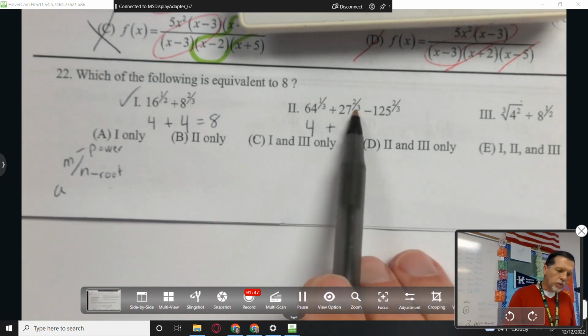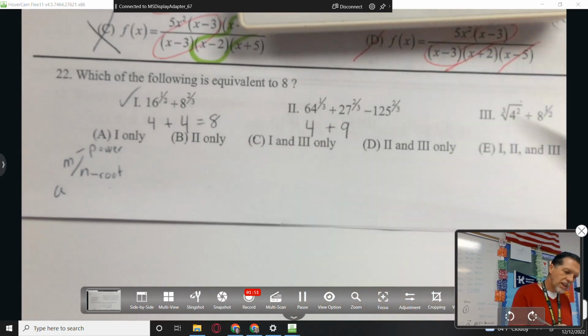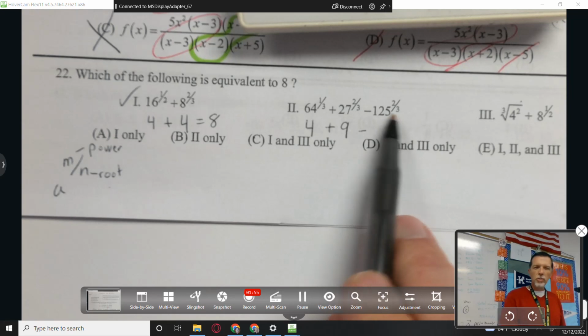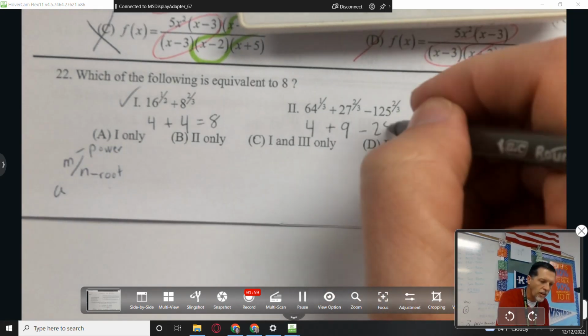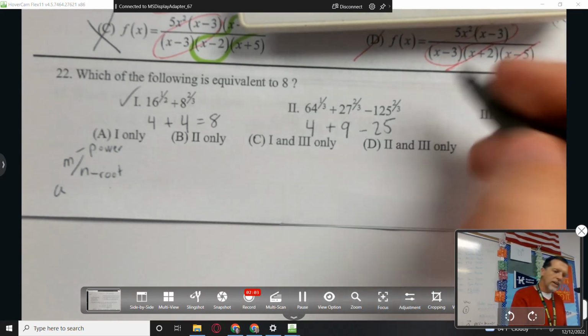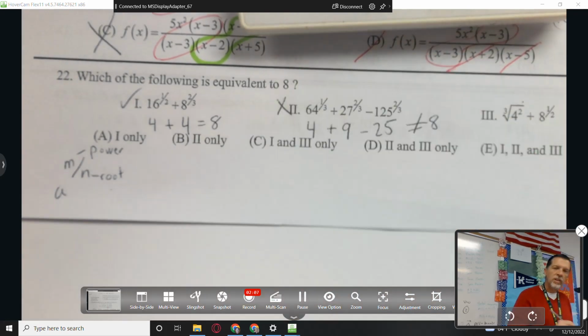The cube root of 27 is 3. And 3 squared is 9. And then the cube root of 125 is 5. 5 squared is 25. 4 plus 9 minus 25, I don't want to think about what it is, but it's definitely not 8. So 2 is out.